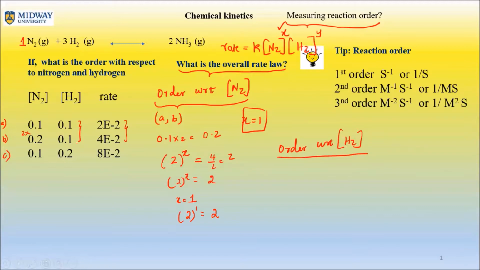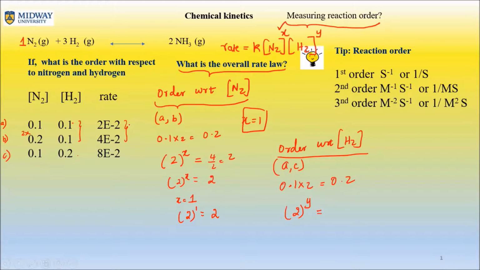That means we have to find two conditions where the N2 concentration is constant. It's A and C, right? That's where N2 is constant, H2 is changing. What have we done? 0.1 and 0.2, right? So we have doubled the concentration of H2 to get 0.2, right? So 2 to the y is what we're trying to solve for H2.